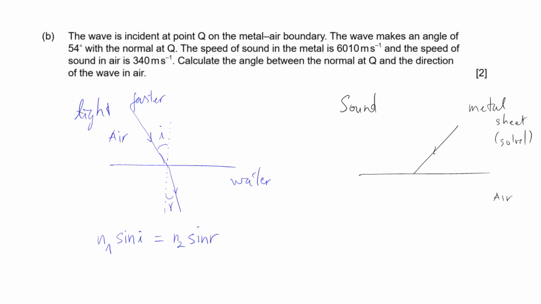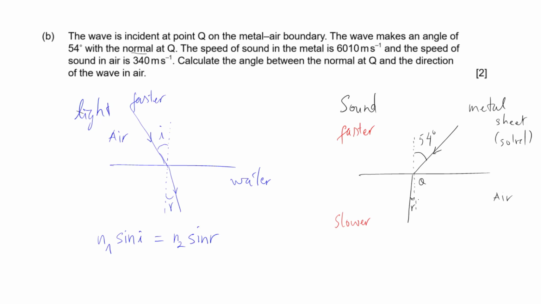Just to remind you about the statement of the problem: in the solid, the sound travels faster, a lot faster, and in the air it travels slower. And the problem states that the incident angle is 54 degrees. And similarly to the light, it goes to the air and is refracted and makes a small angle.